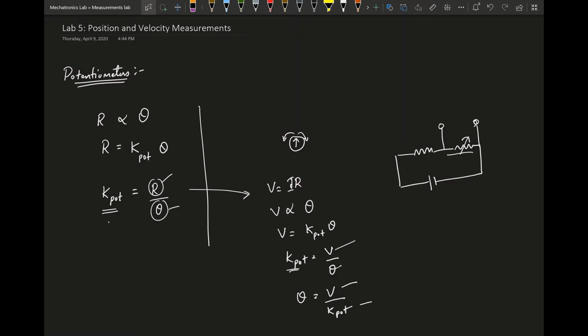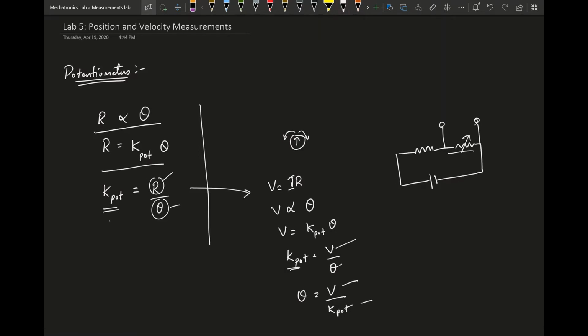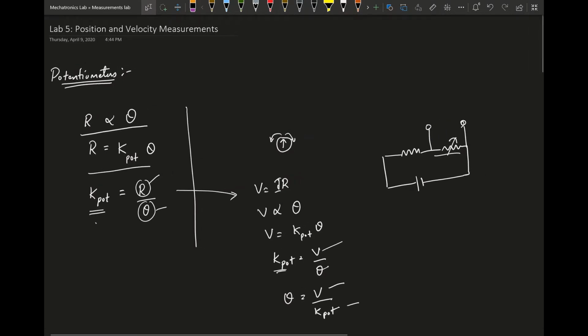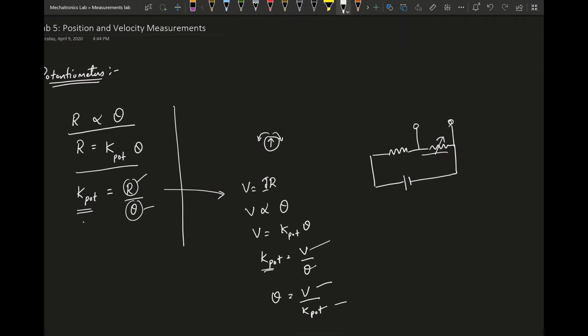So what it basically means is that resistance is directly proportional to the angle, and using that we can add a proportionality constant, and once we figure out the proportionality constant, we can get the angular value theta if we have the resistance value, right?